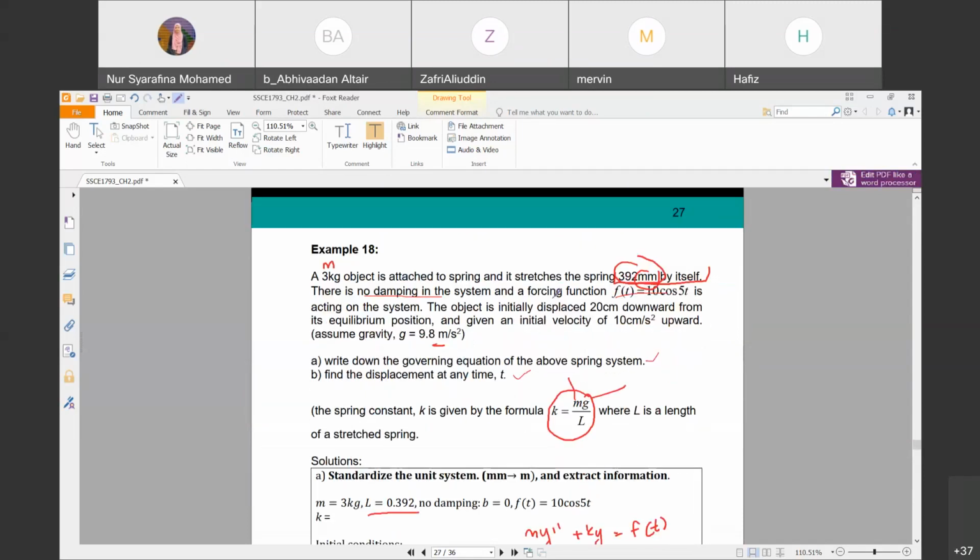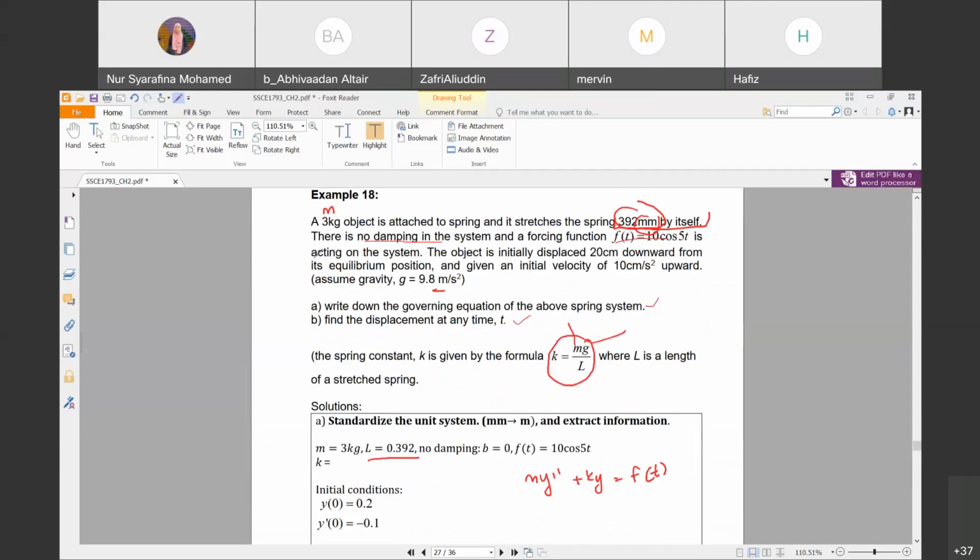Initially, at t equals 0, the position is 20 centimeters downward; change it to meters, so positive 0.2. For the initial velocity at time 0, it is 10 centimeters per second upward, so negative 0.1. Once you have the equation and the conditions, you can solve the system.